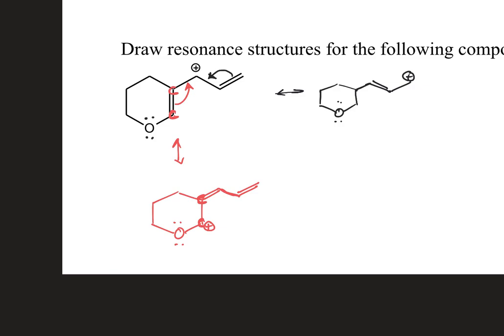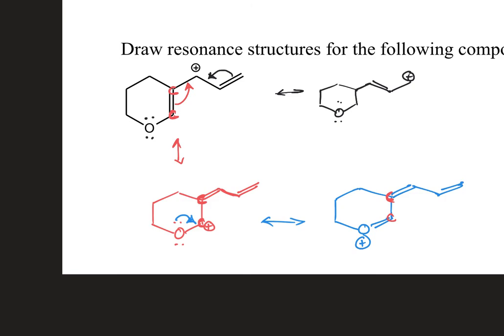So we get the positive charge shown there. And then you could also have the oxygen donating a lone pair over, which creates the oxonium ion right there. So those are some good resonance structures.